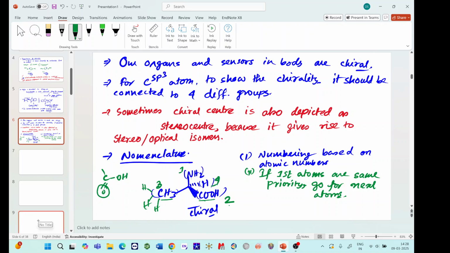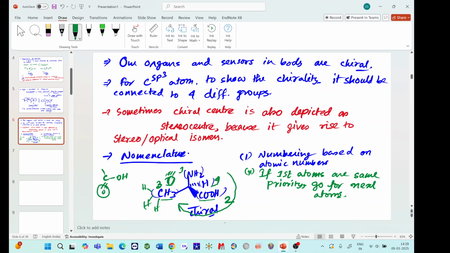Now the rule is, wherever your fourth, the least priority group, is, you view from the opposite side. Here it is below the plane, it is a dashed line, so you have to view from the top of the plane, just opposite. Now you need to see the relation between groups 1, 2 and 3. You can see it is a clockwise rotation.